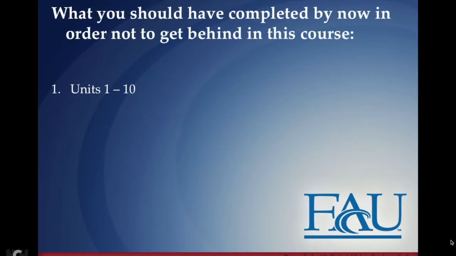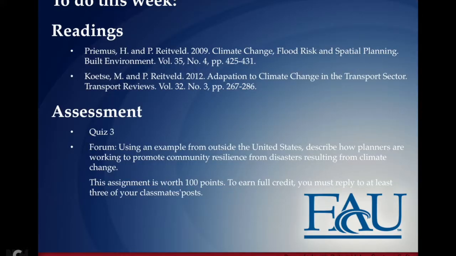In order not to get behind in this class, you should have completed all of the requirements for units 1 through 10. This week you have two readings. One is Climate Change, Flood, Risk, and Spatial Planning by Primus and Retfield from 2009.